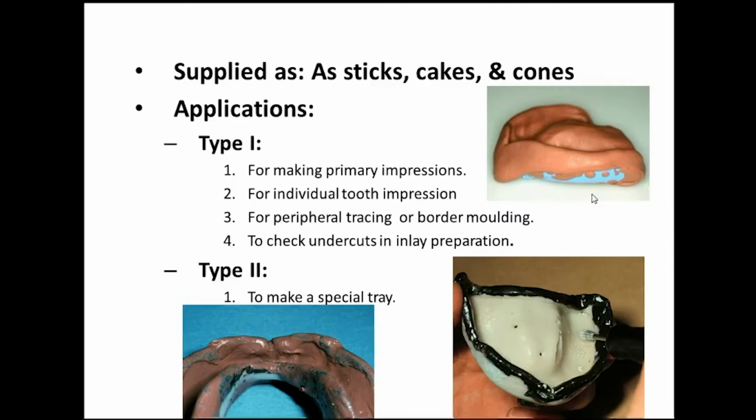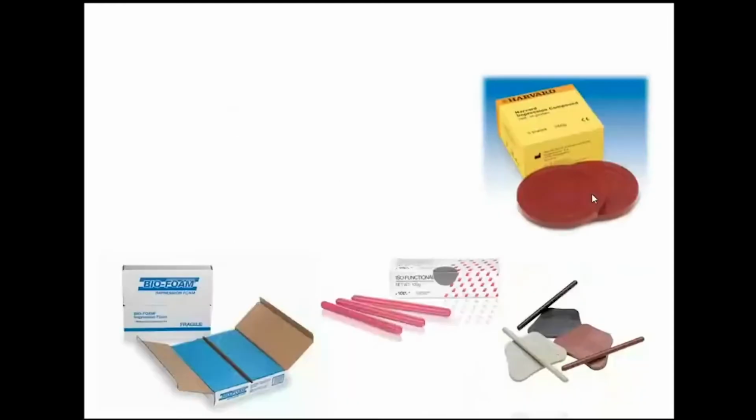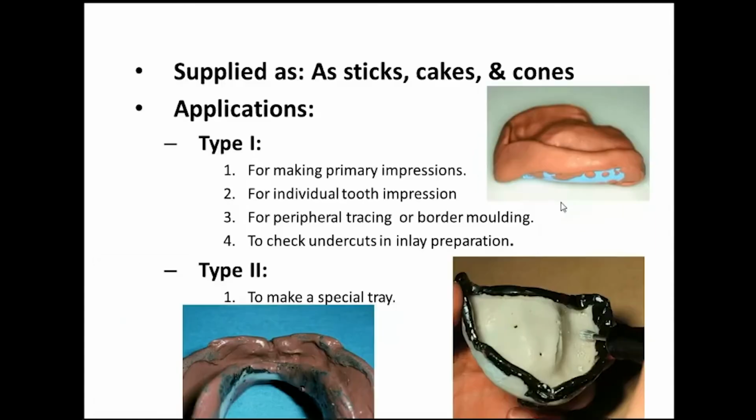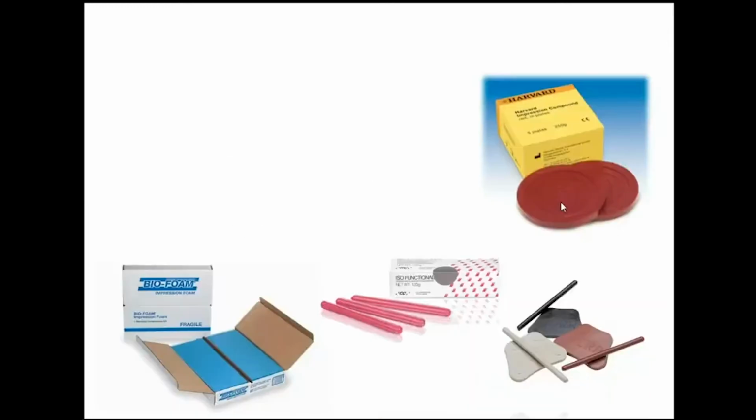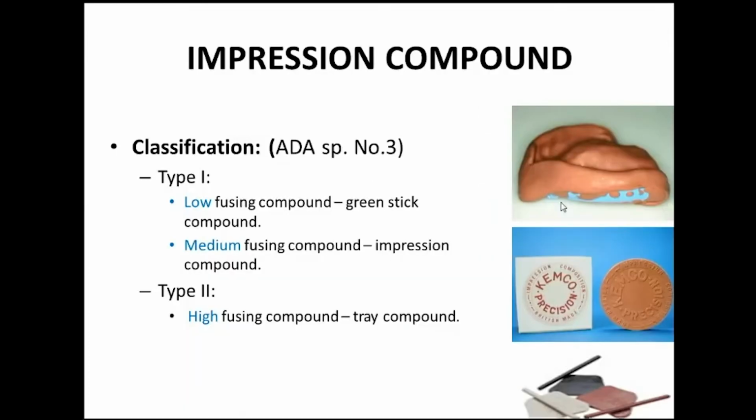It is available in the market as stick, cake, or cone. These are the main forms of impression compound. By the way, we have two types of impression compound, type 1 and type 2. We will discuss type 1 and type 2.